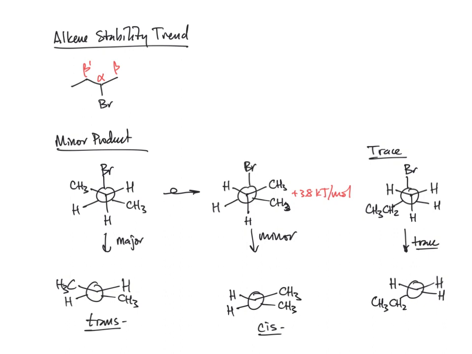So as we saw in the prior slide, we observed that the more substituted the carbon is, that leads to a more substituted alkene. So the alkene stability trend, which we'll write down here and we'll talk about probably in the next chat session, is the following.